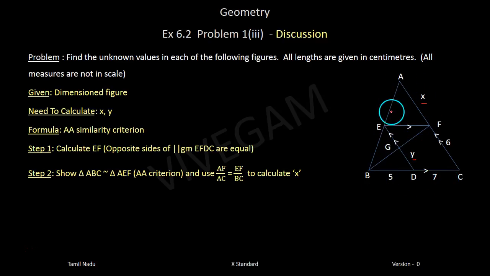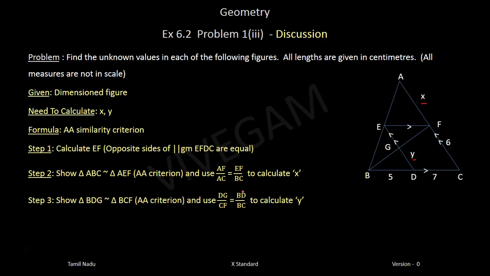So these two triangles are similar, which means x divided by AC, which is x plus 6, equals EF, which we just calculated to be 7, divided by BC. What is BC? 5 plus 7. So EF is 7, BC is known, 5 plus 7, AC is x plus 6, and AF is x. You will get an equation in x; solve it and get the value of x.